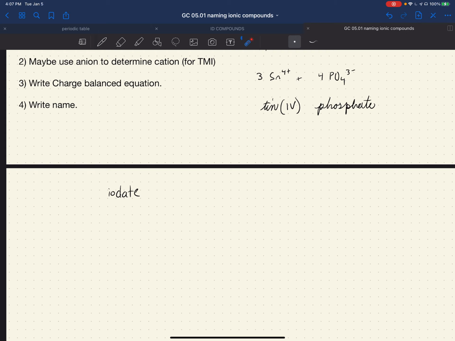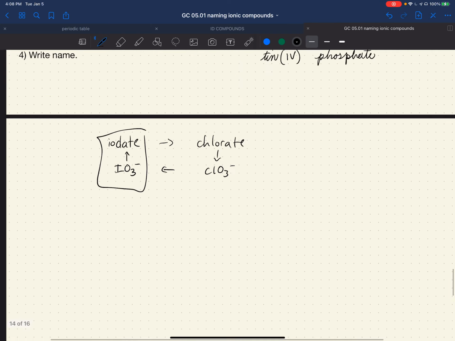Okay, so iodate is going to be similar to chlorate, which is ClO3 1-, which means that iodate is IO3 1-. Okay, so there are some that you might need to derive using the periodic table. And that is it for today. Good luck, my friends.